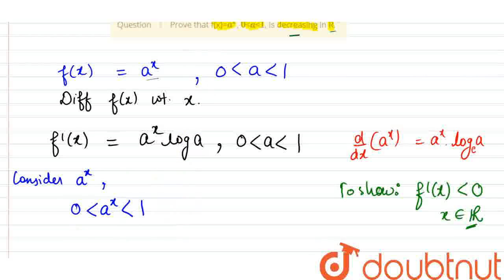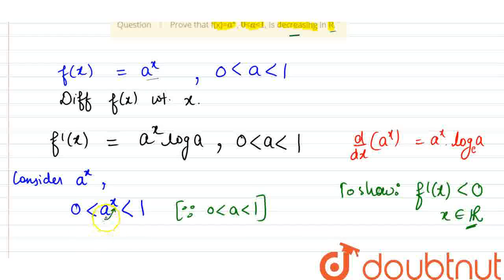This is because since our a is lying between 0 and 1, the real number that is lying between 0 and 1, that will take any power in the real number, will always lie in the interval 0 and 1.